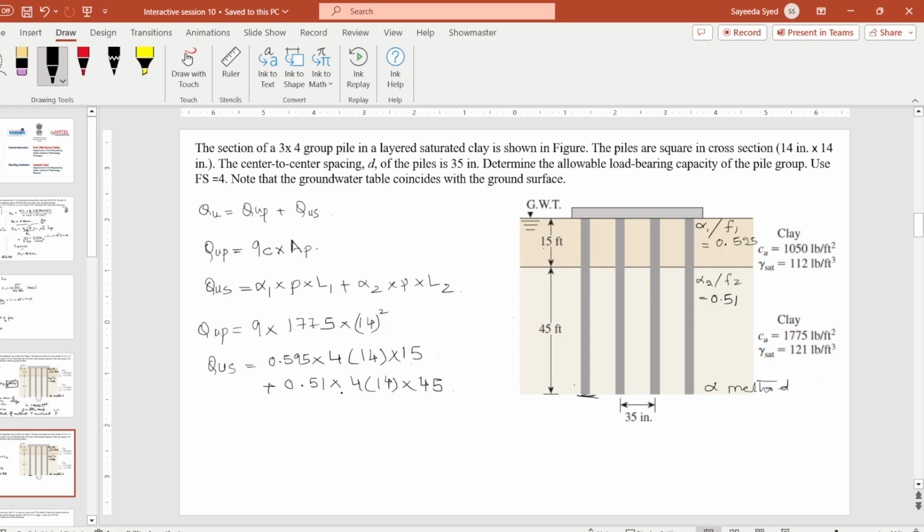So this is whole multiplied, whole square. This will be 21743.75.